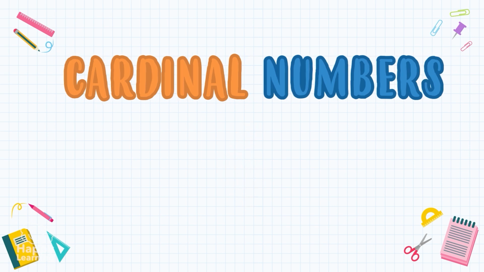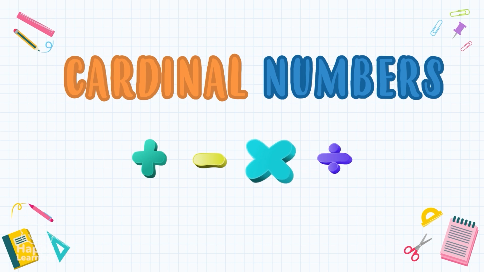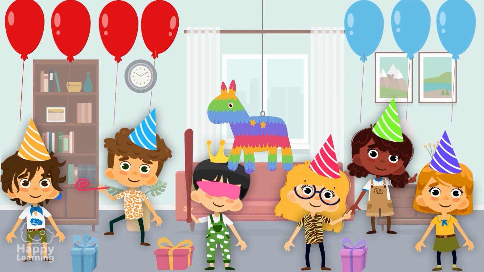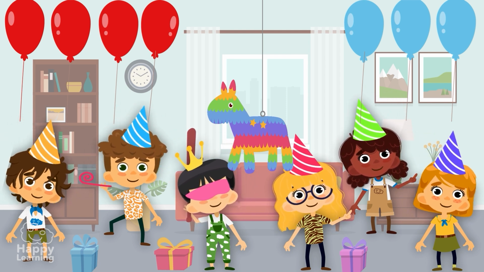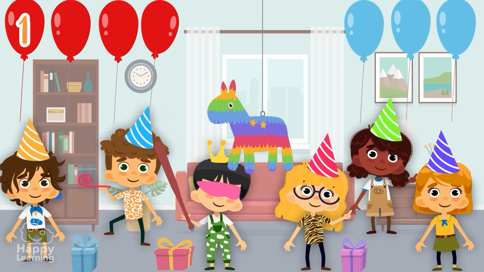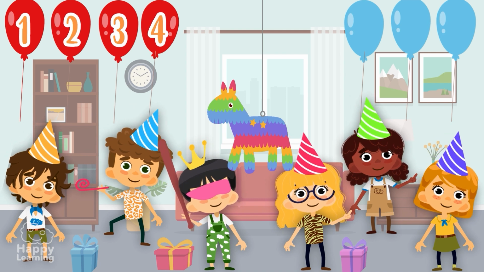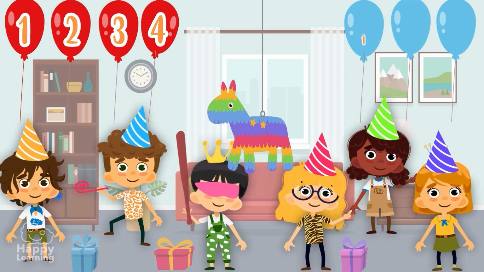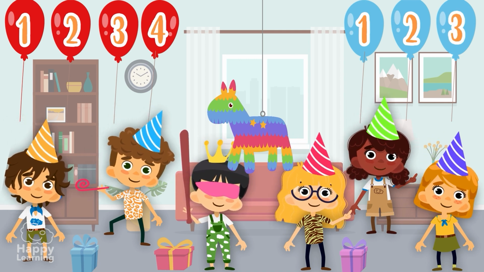With cardinal numbers, we can also do mathematical operations. We can add, subtract, multiply, and divide. Let's try it. Let's add up the balloons we have to see if there are enough for all of them. We have 1, 2, 3, 4 red balloons and 1, 2, 3 blue balloons.